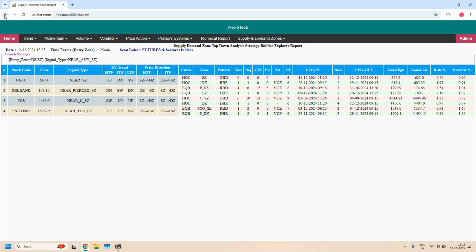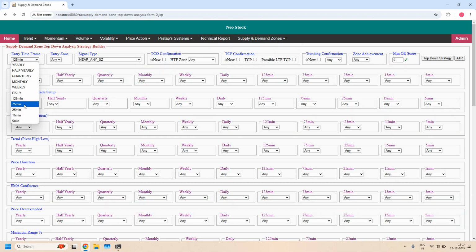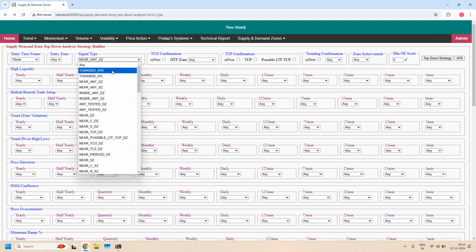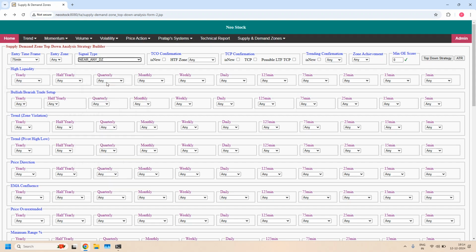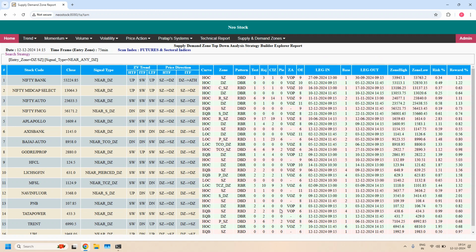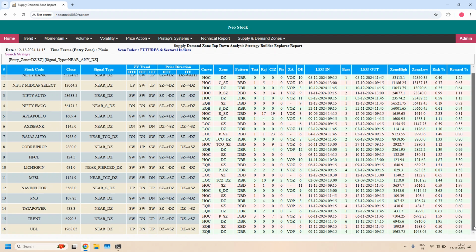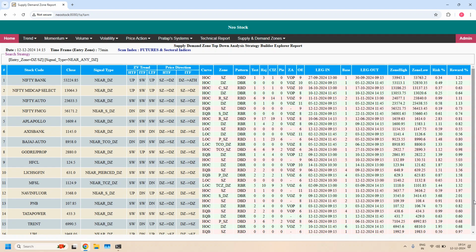Okay, next time frame is 75 minutes. Entry time frame 75 minutes. Let us find the stocks near 75 minutes demand zone. So we got 16 stocks. Let us identify the high liquidity 75 minutes demand zones from this list.